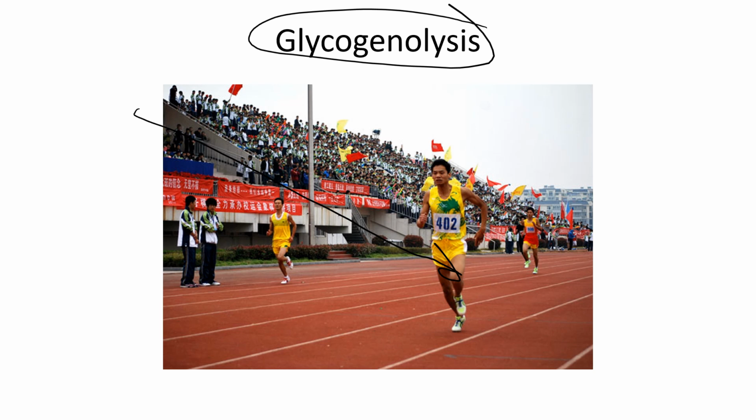So hopefully on an introductory level, this helps you answer to some degree the why portion of this. Why during a sprint would muscle cells need to rapidly run glycogenolysis, the breakdown of glycogen?